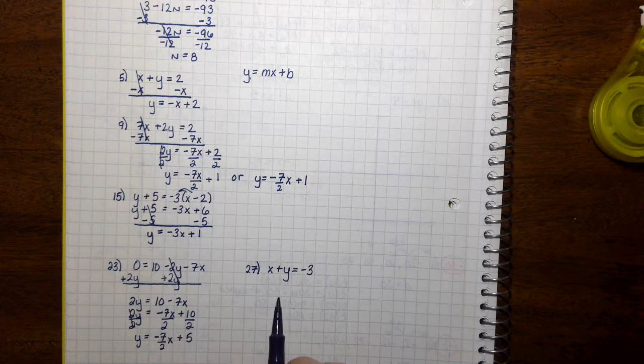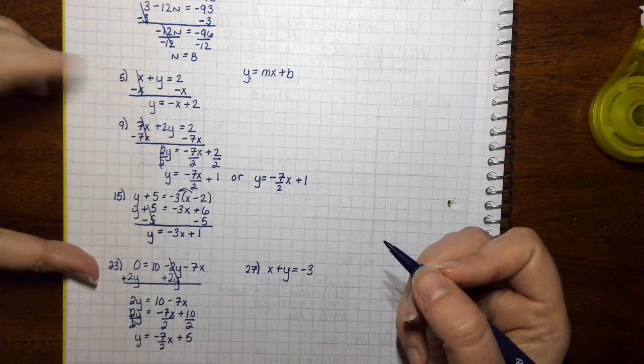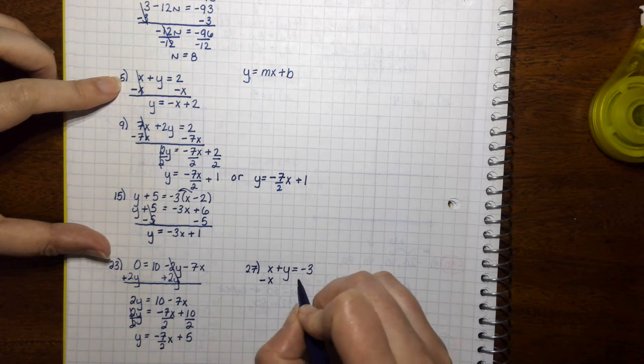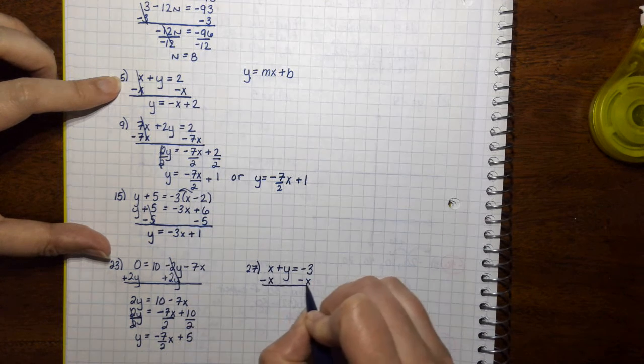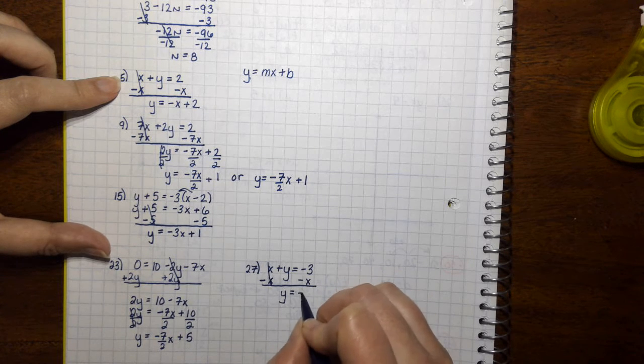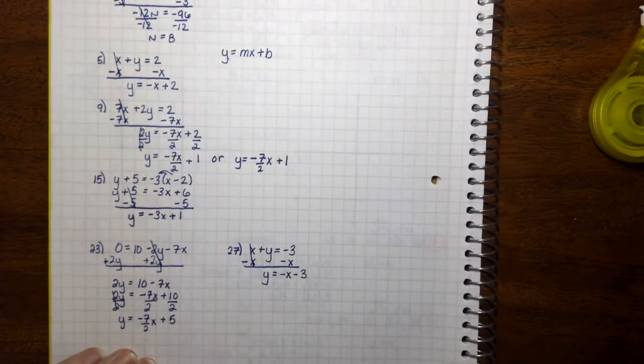Okay, so this one isn't too bad. It looks like the x is the only thing that's on the wrong side, so it looks kind of like number 5. I'm going to minus x from both sides. Y equals, okay, and then I'm going to put the x thing in front and then the constant.